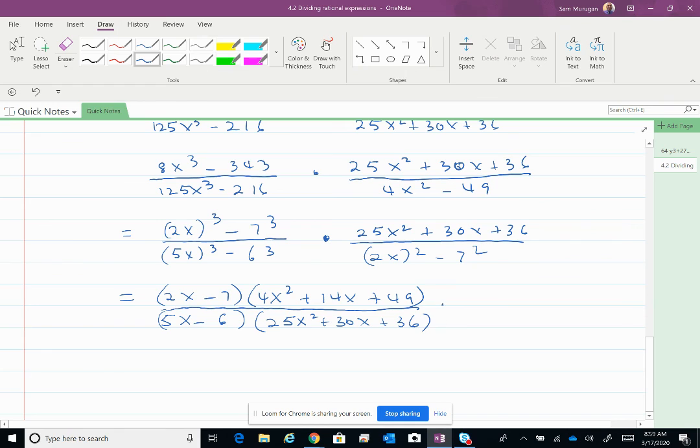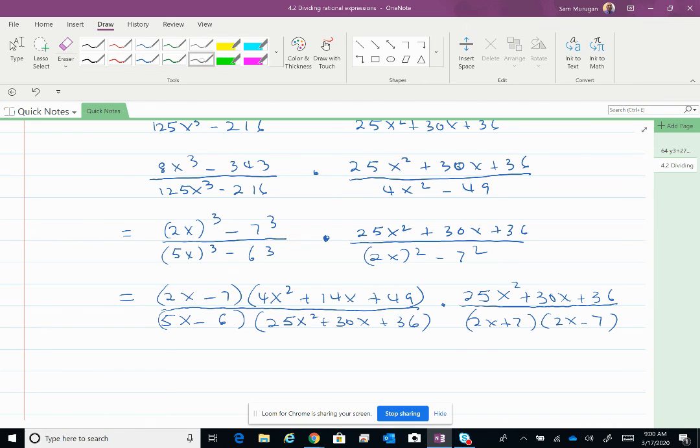This is 25x squared plus 30x plus 36. And then we use the difference of squares formula here. So this is 2x plus 7, 2x minus 7.